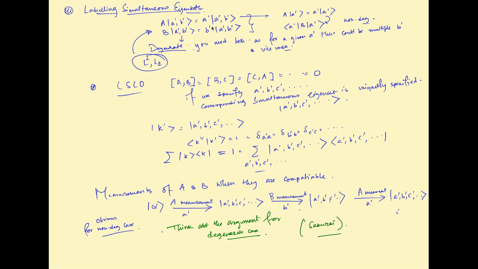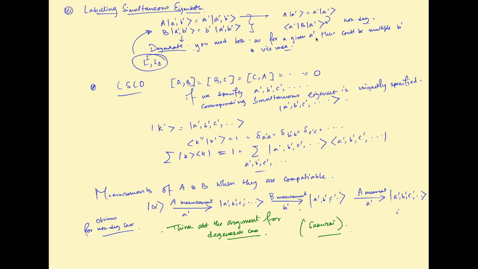It turns out the second label will be very useful when one of these matrices is degenerate. Why is that? Because if there is an n-fold degeneracy in A, then for each A which is identical, there are n B's, and if it is the other way around, then it is vice versa.